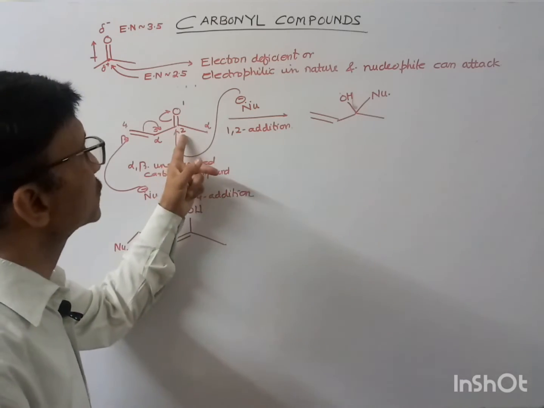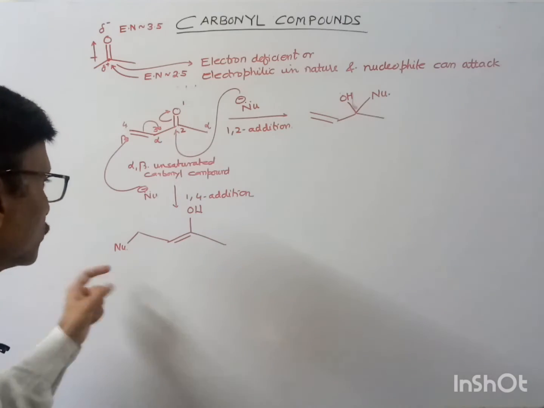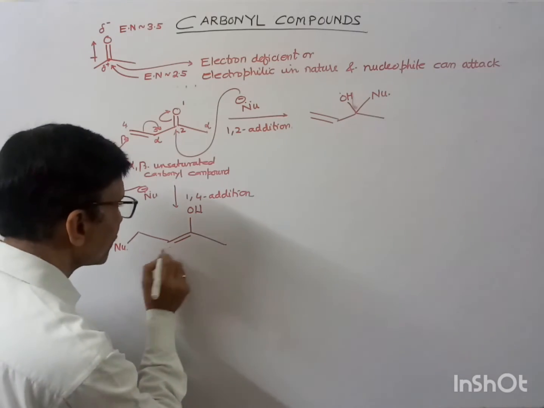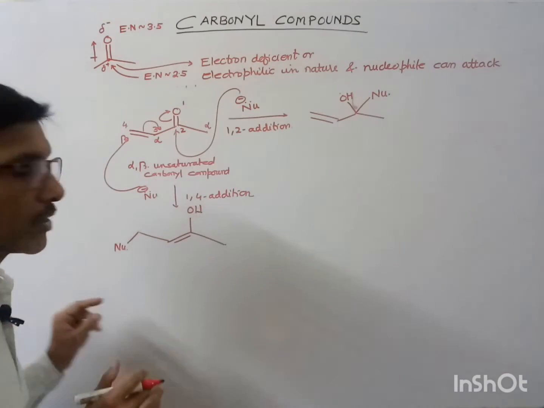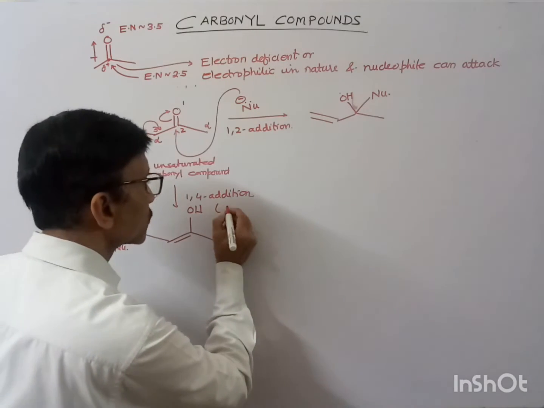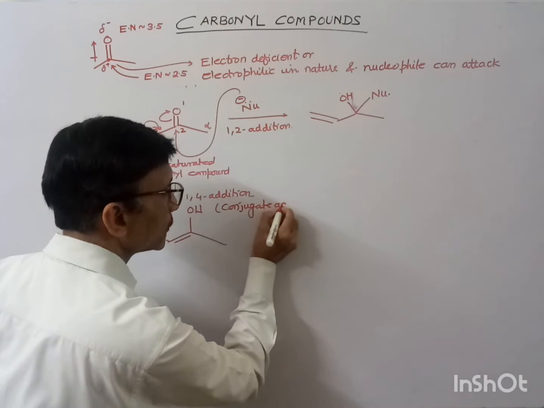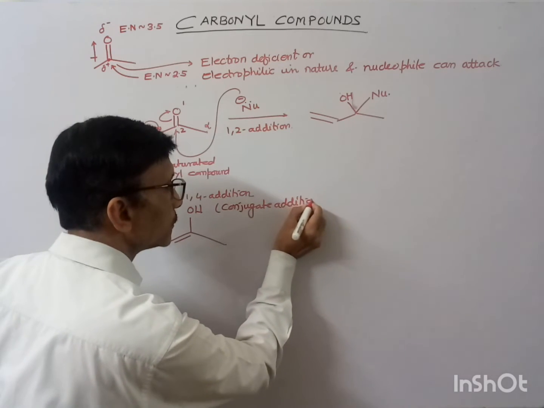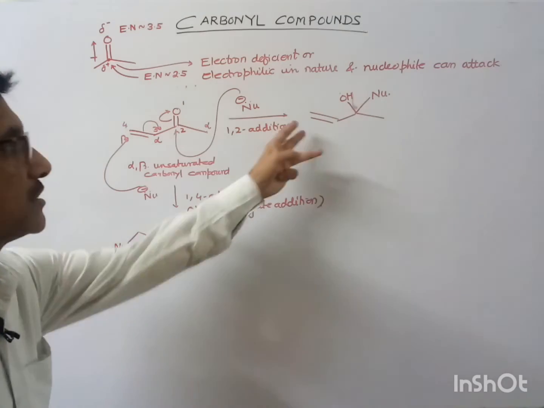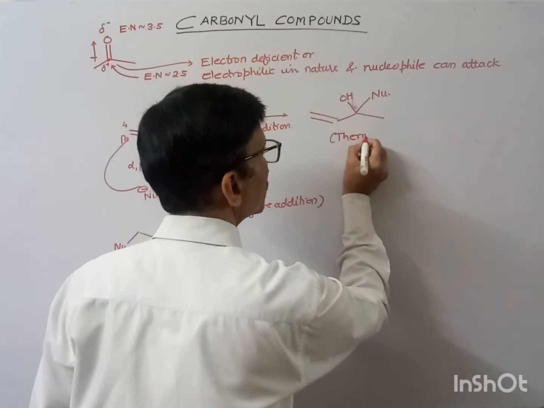Here the nucleophile adds over the second position, and here the nucleophile is adding over the fourth position. So this is an example of 1,4 addition, which is also called conjugate addition. And this is the thermodynamic product which is formed, quite a stable one.